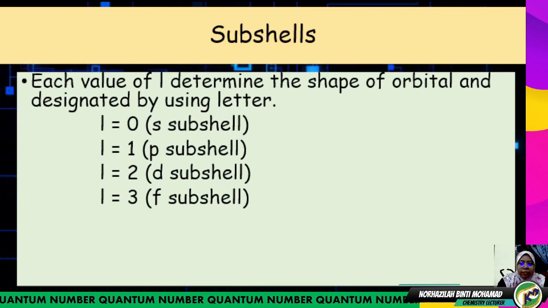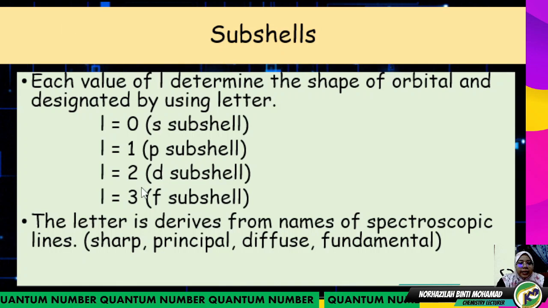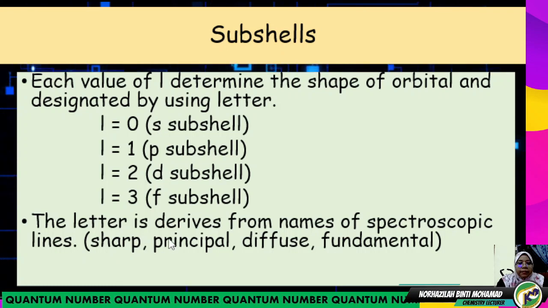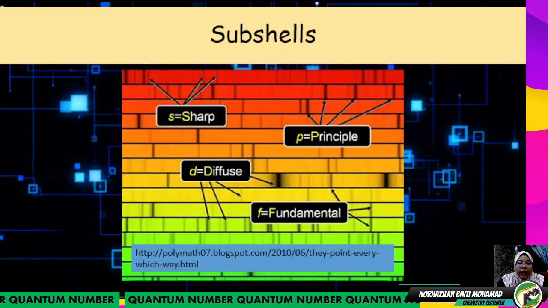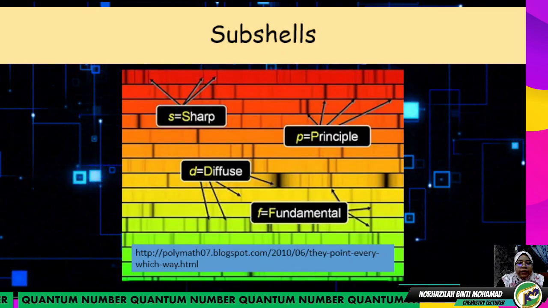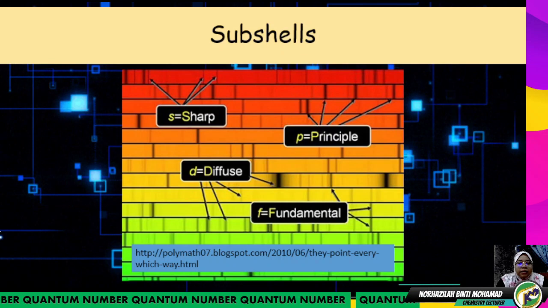The letters are derived from the names of spectroscopic lines: sharp for S, principal for P, diffuse for D, and fundamental for F. This is where the names of the subshells come from.